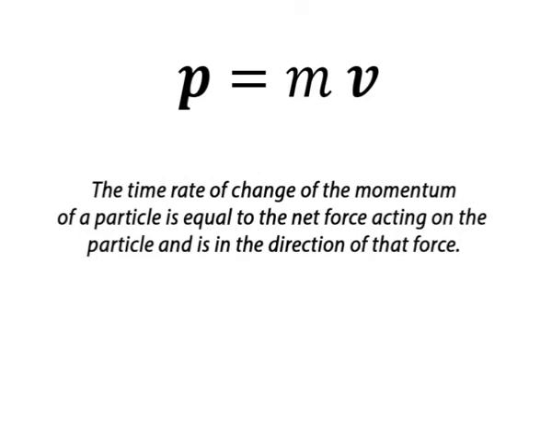Newton expressed his second law of motion in terms of momentum as: the time rate of change of momentum of a particle is equal to the net force acting on the particle and is in the direction of that force. We can represent this in equation form as F net = dp/dt.